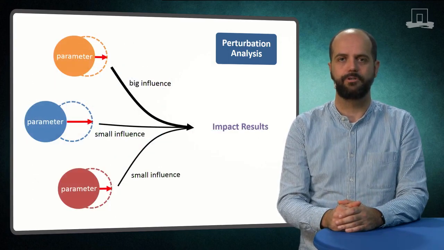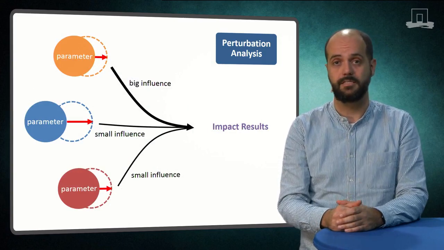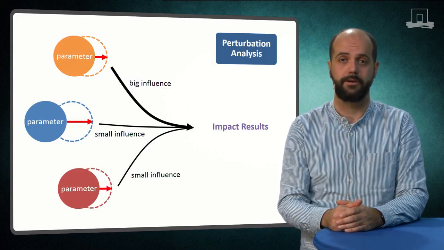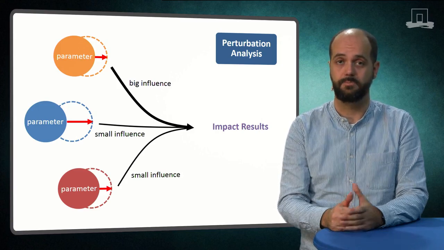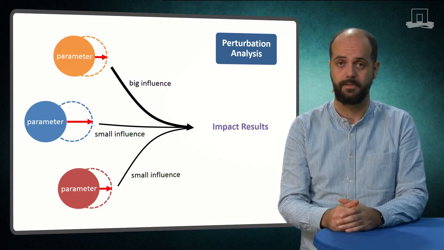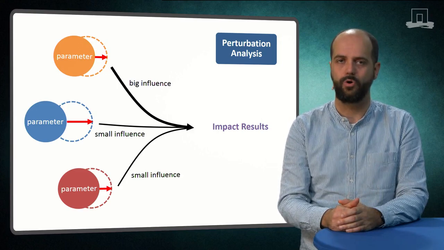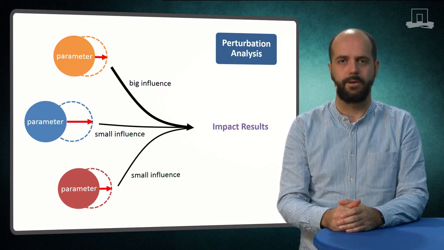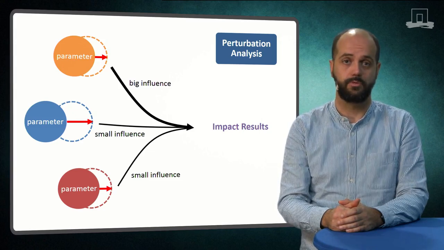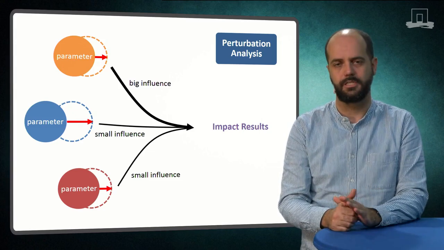Next, we have perturbation analysis, which allows us to identify the most sensitive and least sensitive input parameters in our LCA. If your LCA results are sensitive to changes to a specific input parameter, then it is important that those parameters are as precise as possible. For input parameters which have little influence on the results when they are adjusted, this precision is less important.